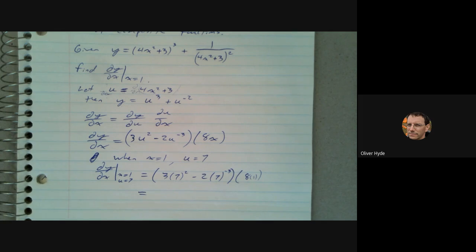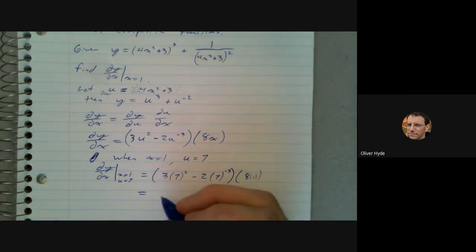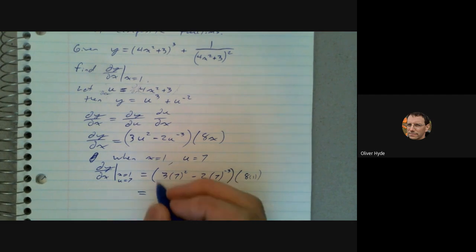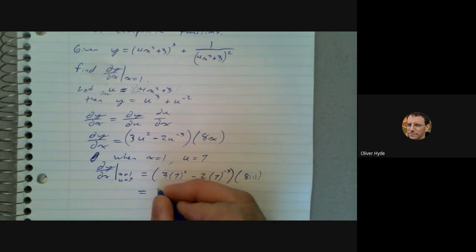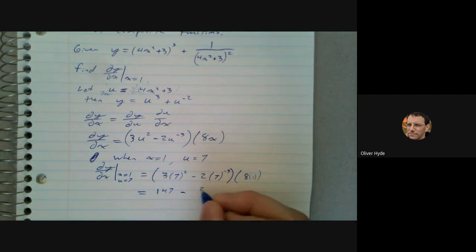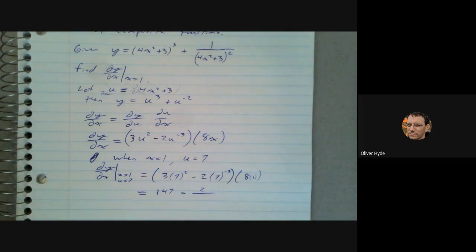Can I get that as a fraction, please? Yeah, no. I want an exact value. Looks like I'm doing this by hand. 49 times 3, 147. Minus 2 divided by 7 cubed.